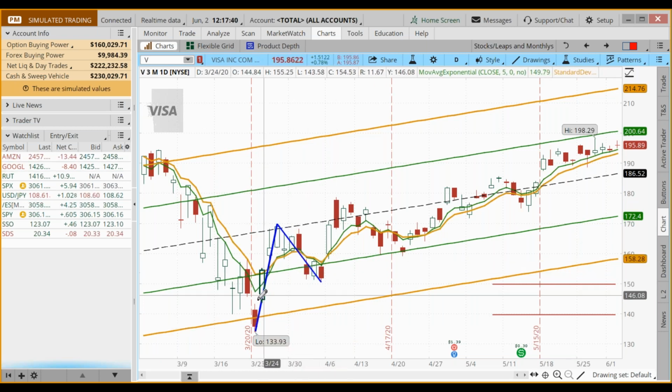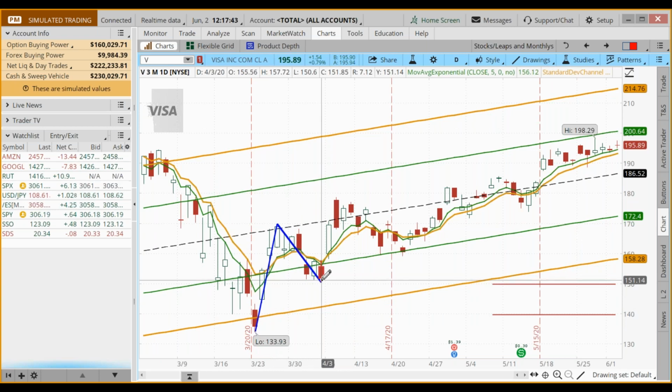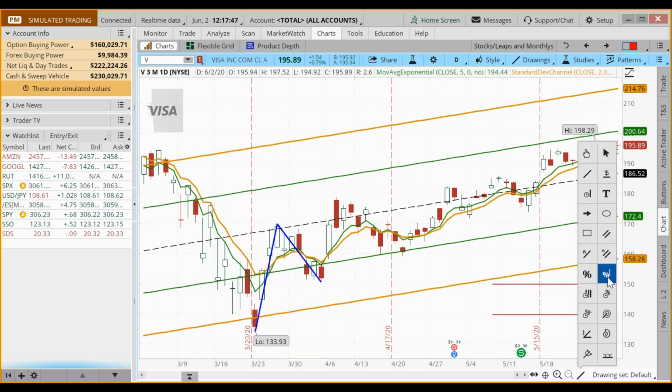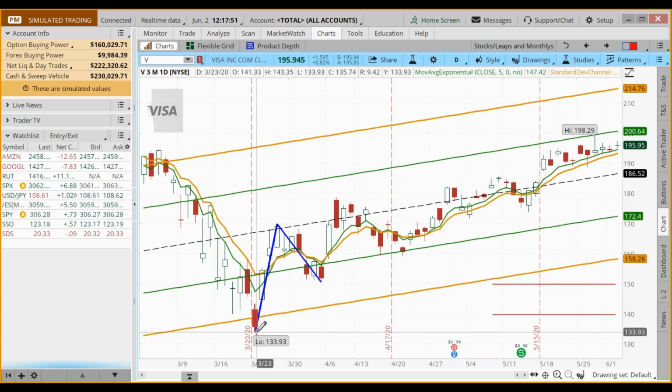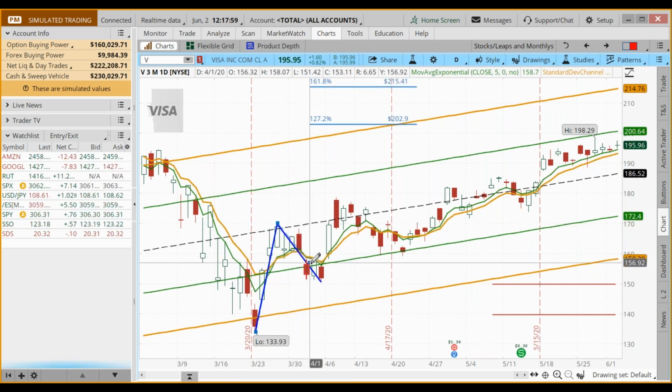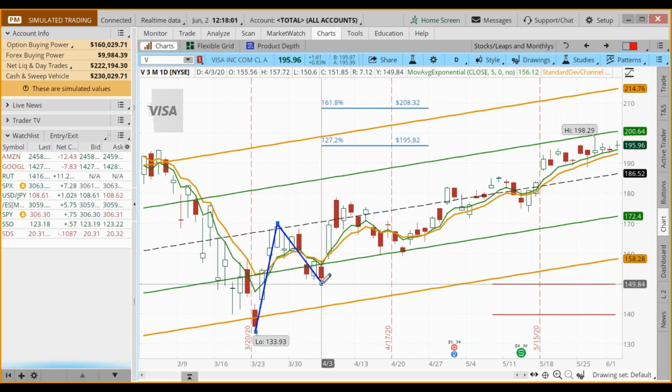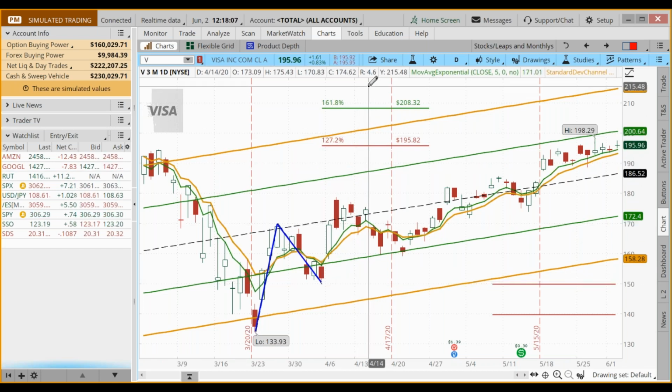Once I have a measured move established, I can come over here to the drawing tools, click on Fibonacci extension, click on the low, drag up to the high, click on it, and drag back down to the higher low. That's going to give me the 127, 161.